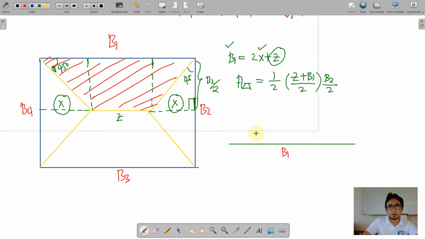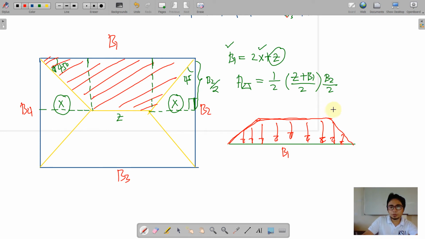The distribution is a trapezoidal distribution. We have here a trapezoidal distribution along B1. So how is it done?